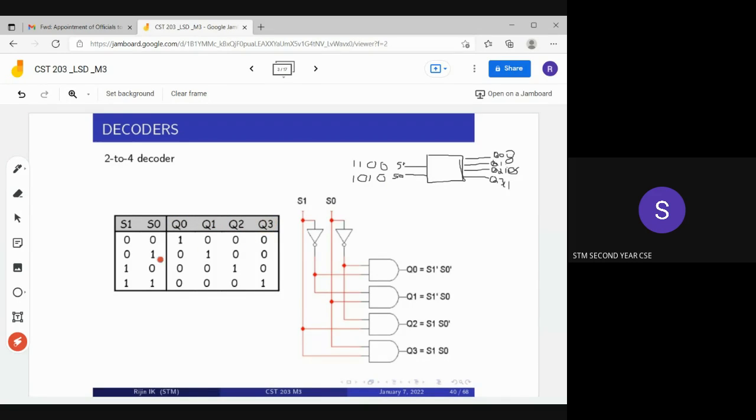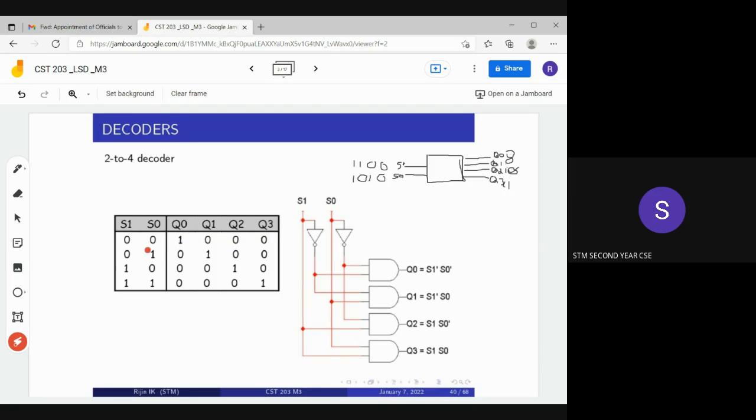As we have discussed, if both the inputs are 0, that means if 0 0 comes on these two lines, what will it do? It will activate the Q0 line, and the remaining lines Q1, Q2, and Q3 will all be 0.